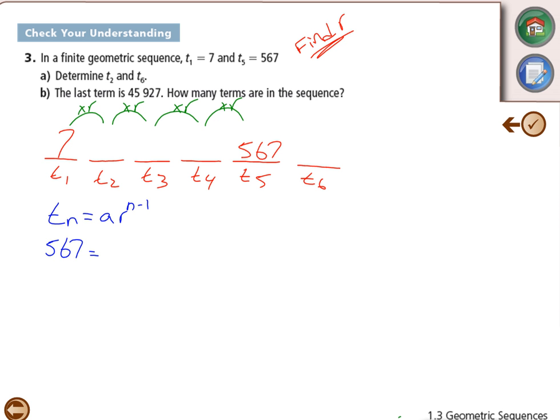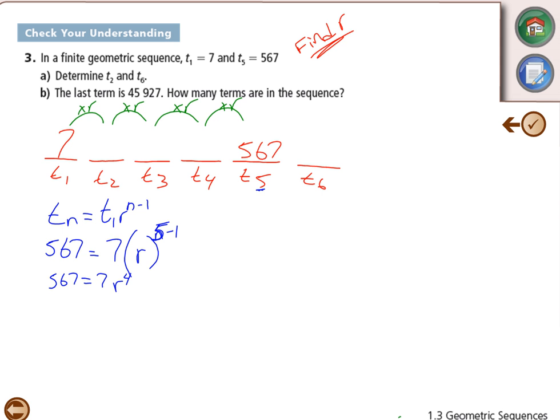Sorry, sometimes they use A, sometimes T1. I better change that to T1 for you, because that's what's on your formula sheet. That T1 value, that's 7. Multiplied by R, I don't know what it is yet. That's what we're going to solve for. N, though, I do know that N is 5 in this situation. And hey, we can solve for R. So we've got 567 equals 7R to the 4.